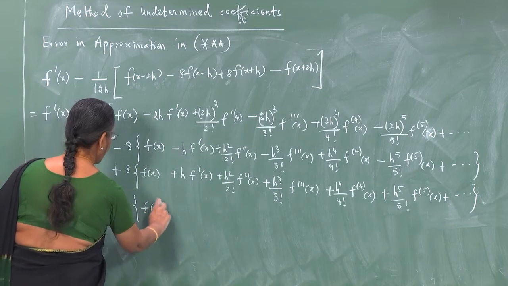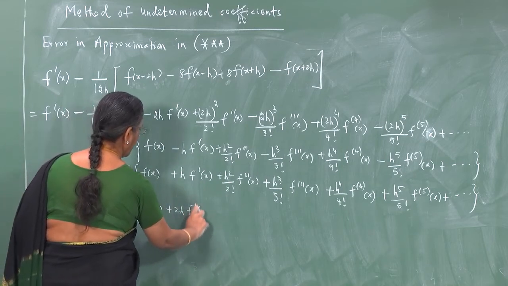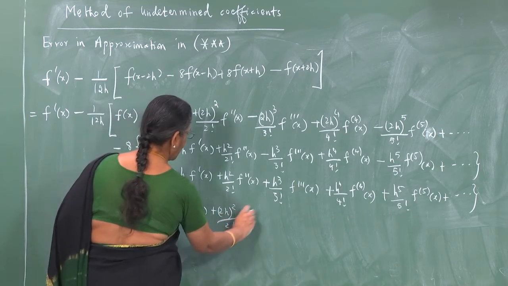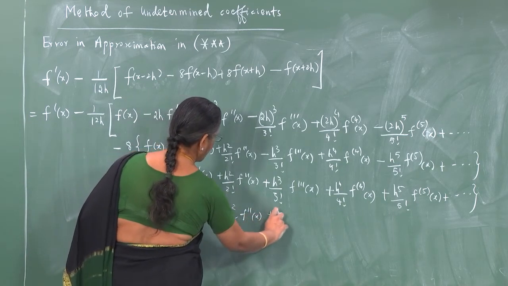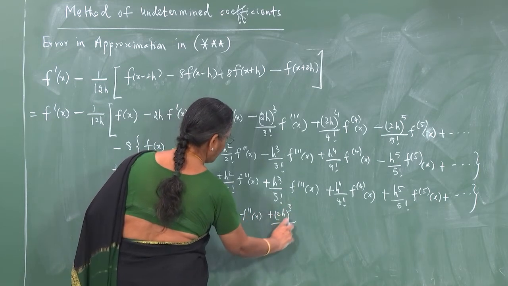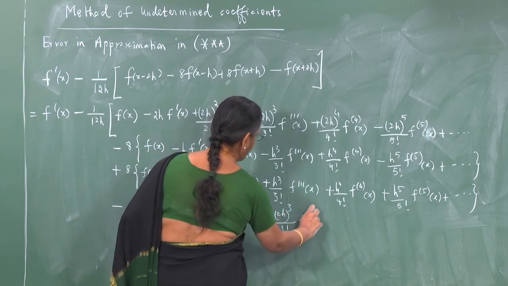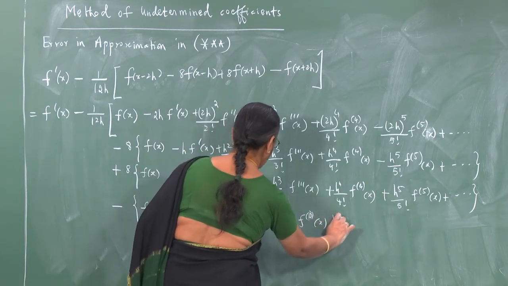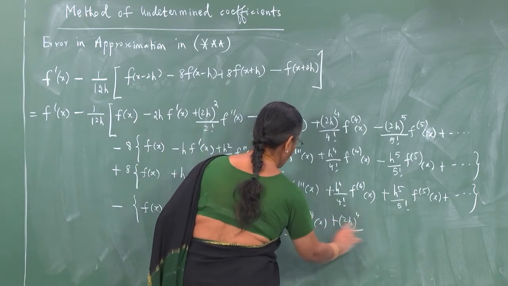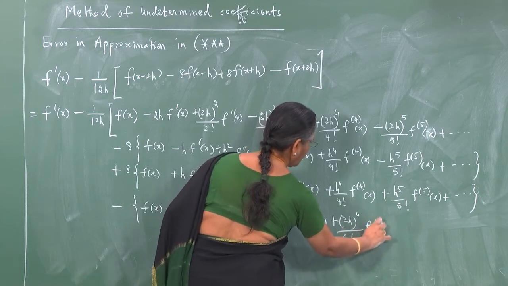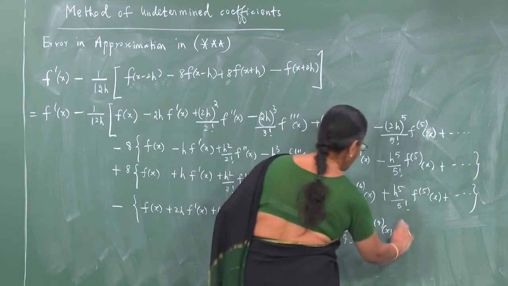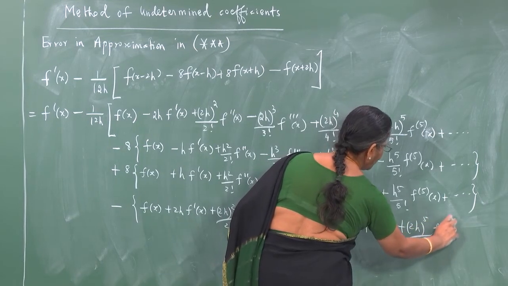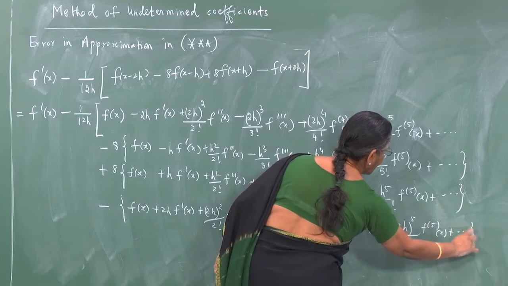So, it is f of x plus 2h f prime x plus (2h) square by factorial 2 f double prime x plus (2h) cube by factorial 3 into the third derivative at x plus (2h) power 4 by factorial 4 into fourth derivative plus (2h) power 5 by factorial 5 into the fifth derivative at x plus etc.